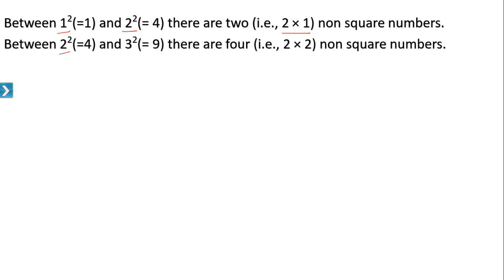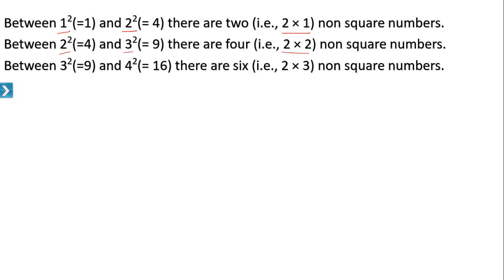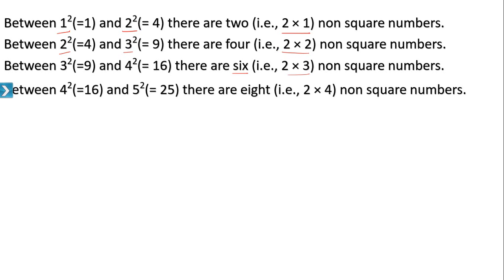Between 2 square and 3 square, that is between 4 and 9, there are 2 into 2, that is 4 non-square numbers. Between 3 square and 4 square, that is between 9 and 16, there are 6, that is 2 into 3 non-square numbers. Between 4 square and 5 square there are 8 non-square numbers.